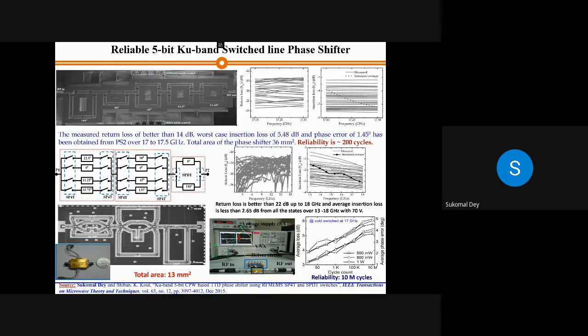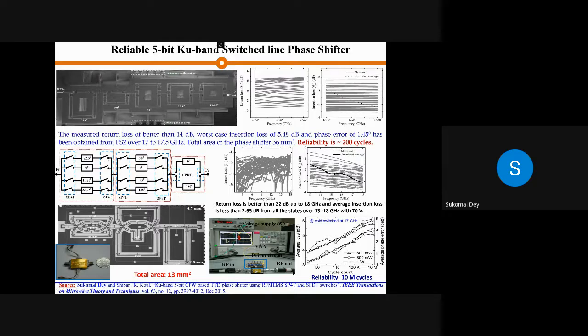So now one topology is being proposed over here. You can see that we have used four SP4T configurations and two SPDT switches, where we model the different phases in such a way that if we activate one arm, you can count it: 1, 2, 3, 4, 5, 6. Initially we had 10 switches.